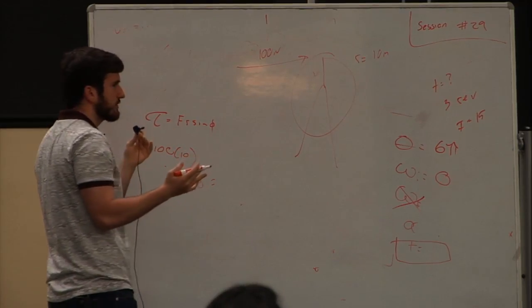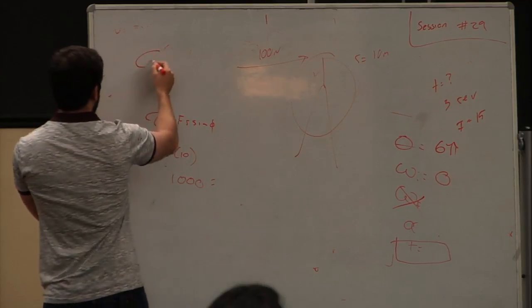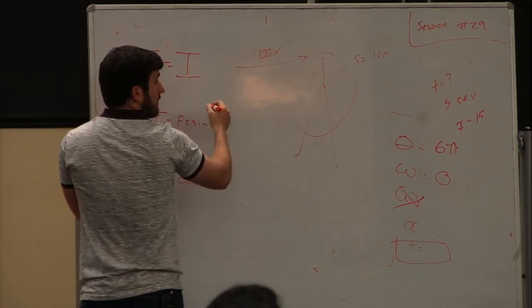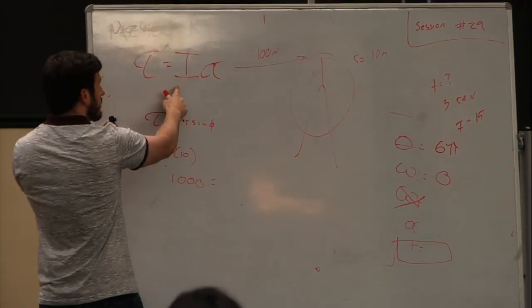So we know what our torque is, it's 1,000. Our moment of inertia I just gave to you is 15. And alpha is alpha. So alpha would be 1,000 over 15.